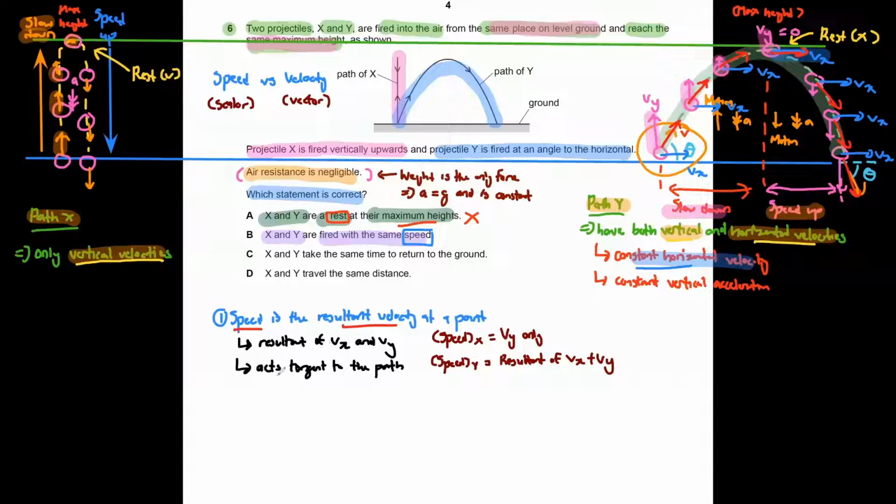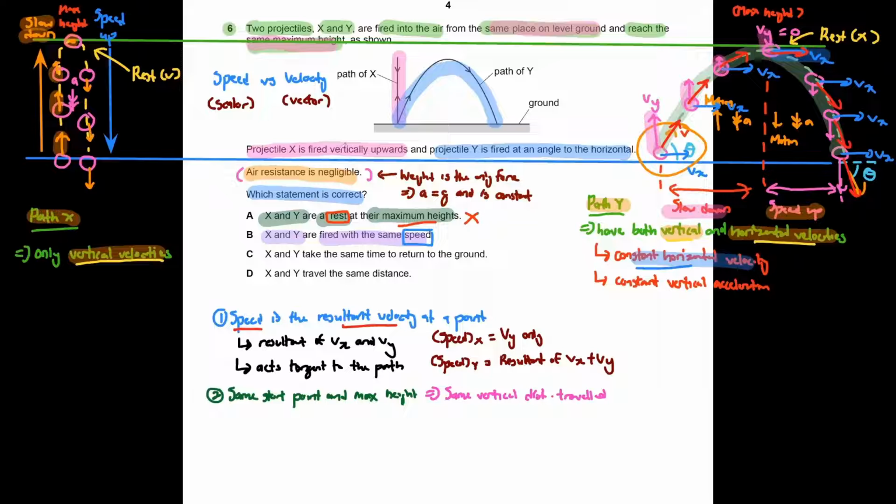Now, the next thing you want to consider is this. The question mentioned that you had the same starting point and maximum height. The significance of this is that it tells you that you have the same vertical distance traveled.